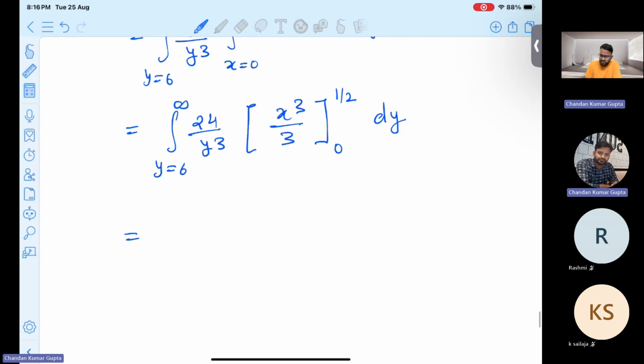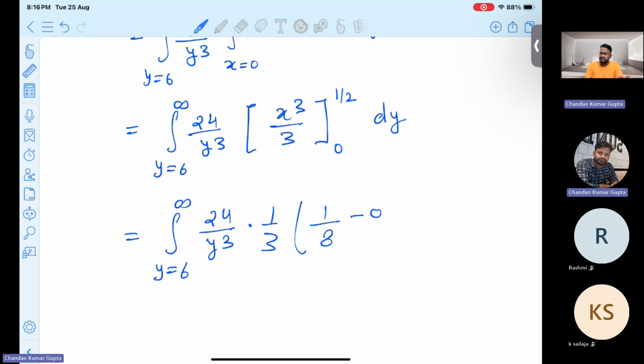So the next step: y from 6 to infinity, 24 upon y cube, and x cube by 3, so we can take 1 by 3 common. It is 1 by 2 to the power cube, so 1 by 8 minus 0, dy.